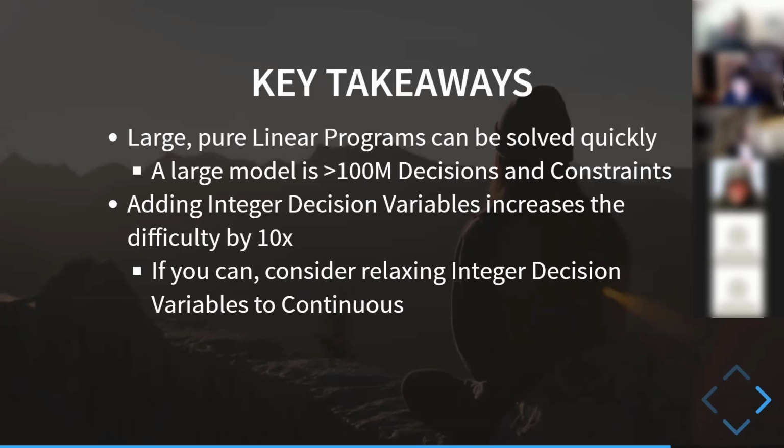Probably insignificant. I'm sure someone could come up with an example and nail me, but probably insignificant. But if your decisions, if those values are on the order of single digits, you probably need to stick to an integer decision variable because that's going to have a much larger impact percentage-wise.